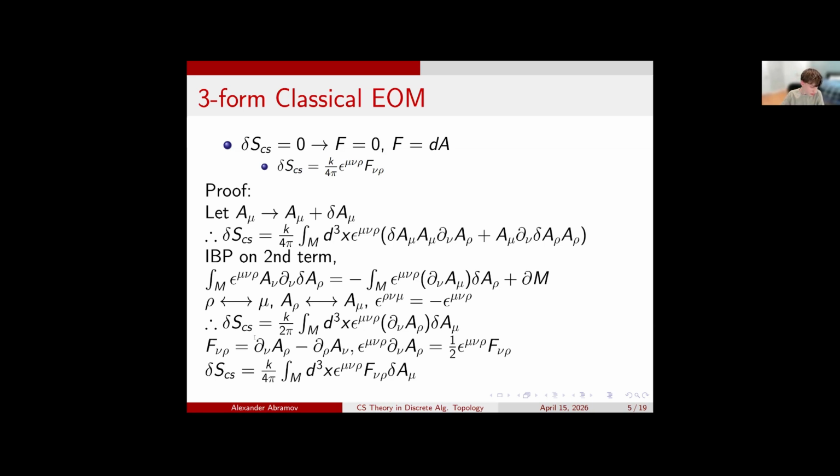Therefore, our Chern-Simons can be rewritten in this form after we perform the integration by parts and combine both terms together. By utilizing the differential form of the curvature, along with the antisymmetry condition, we can take the curvature here, apply both derivatives, and then apply the antisymmetry condition on F of nu rho.